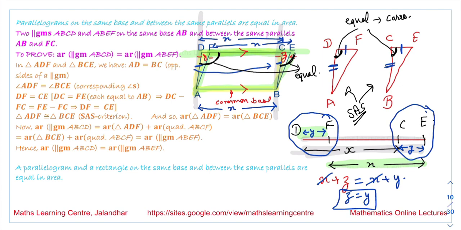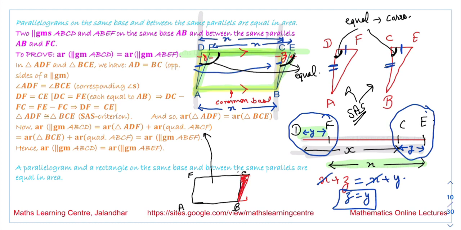So we are talking about this figure over here, that is AFCD. Suppose we are saying this is some quadrilateral ABCF. We are adding to this quadrilateral this triangle over here. We have added this triangle to this quadrilateral.